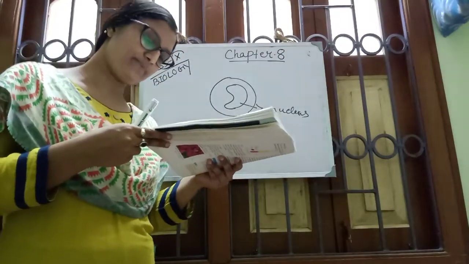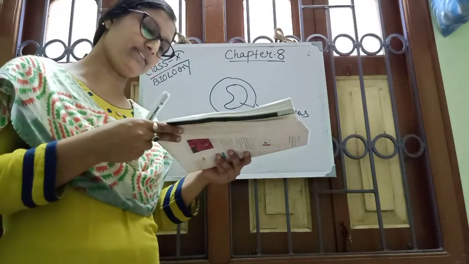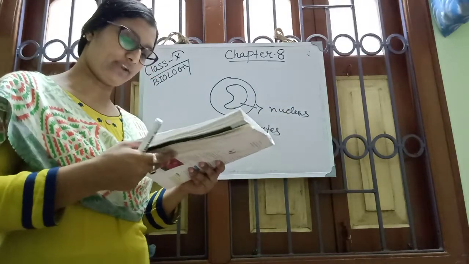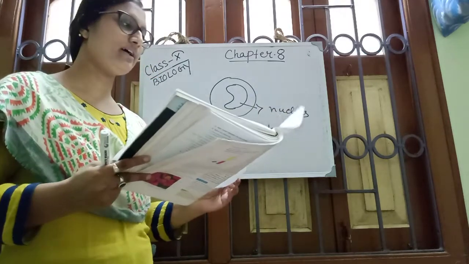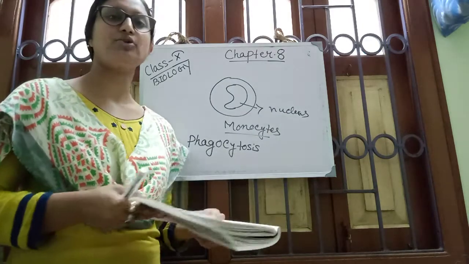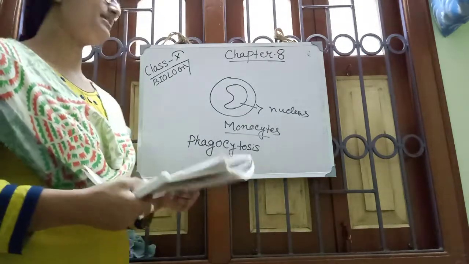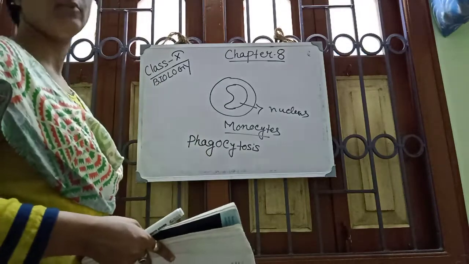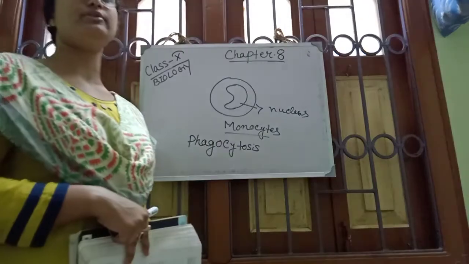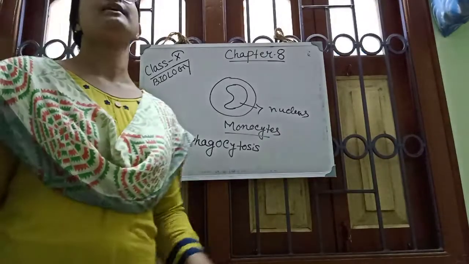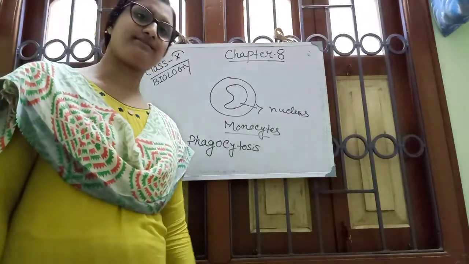They also help in formation of antibody which neutralizes and kills the germs that enter our body. Okay, these are all the functions of WBCs. Phagocytosis is the most important function. They also provide immunity. How do they provide immunity? They produce antibody against the antigens.